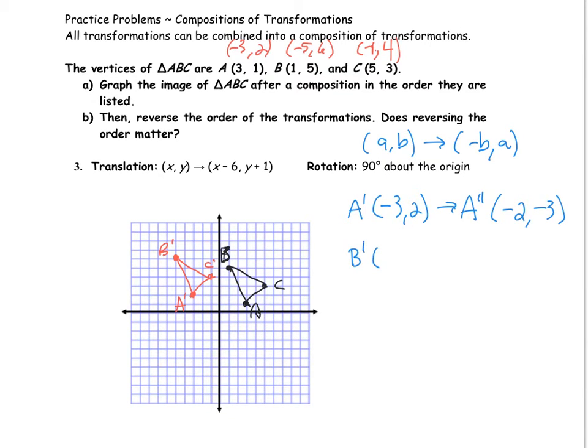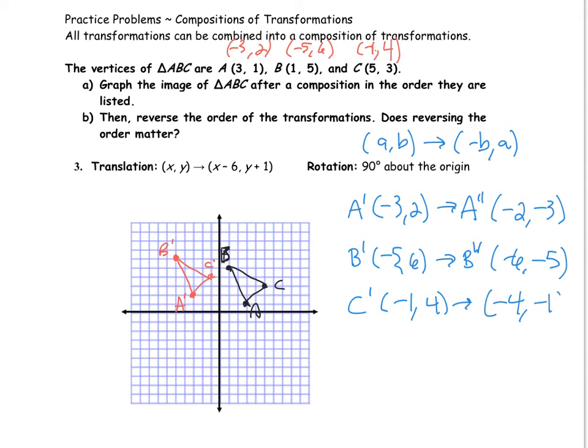That's our A value, just stays the same. Here we switch them and switch the sign of the B value, the X coordinate. B prime is at negative 5, 6. That means B double prime is going to be at negative 6, negative 5. And C prime, which was at negative 1, 4, is going to go to negative 4, negative 1. That's for C double prime. So let's graph those. Okay, A double prime is at negative 2, negative 3. B double prime is at negative 6.